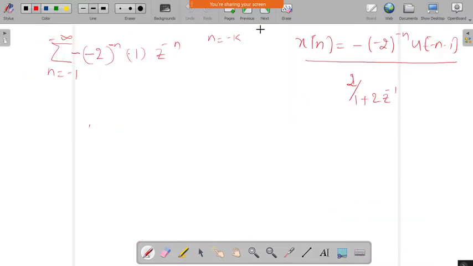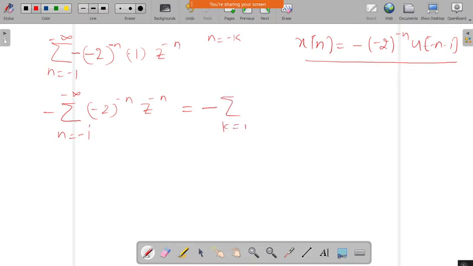Okay, so what we are going to get: summation n equal to minus 1 to minus infinity of minus 2 power minus n into z power minus n. If I put it like that, we get minus summation k equal to 1 to infinity of minus 2 power k into z power k.